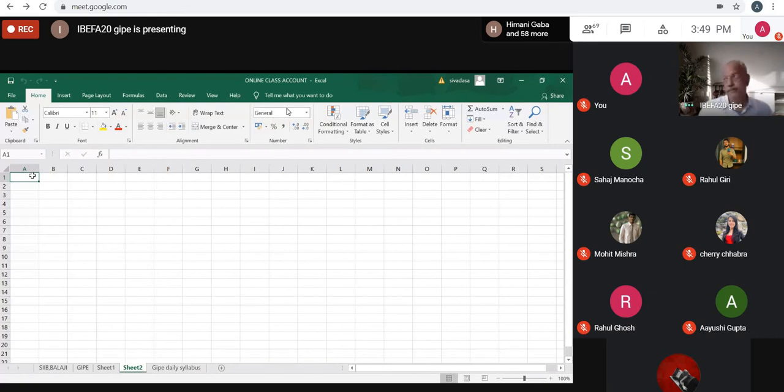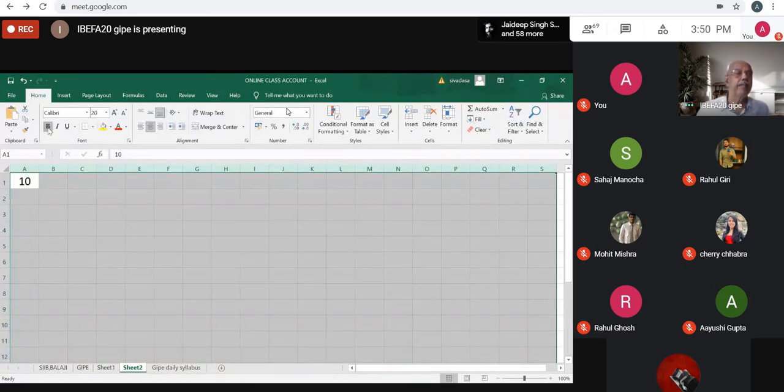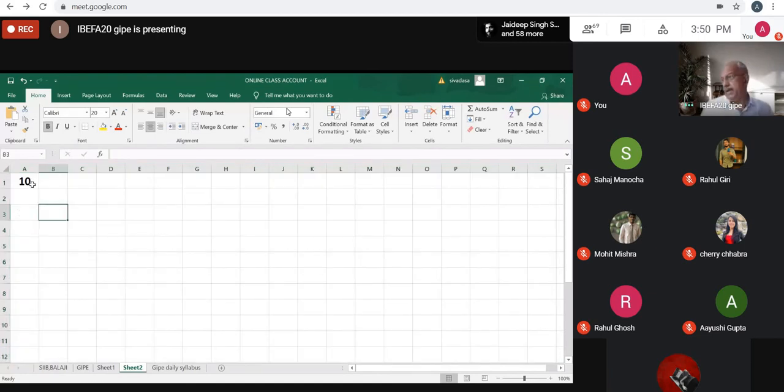For example, if I type a number here, this number 10 is represented as A1. The first alphabet stands for the column. The second number represents the row. What is the reference of this number?